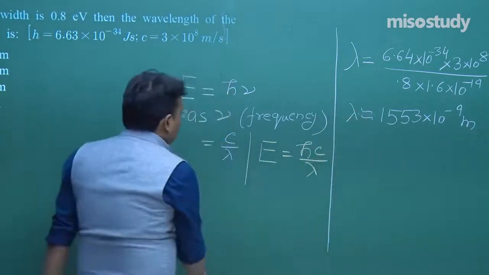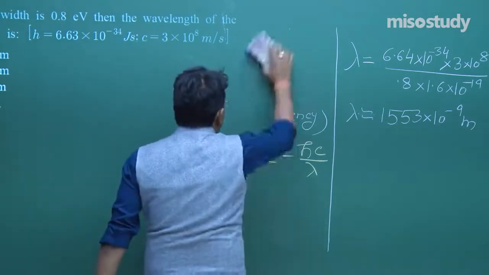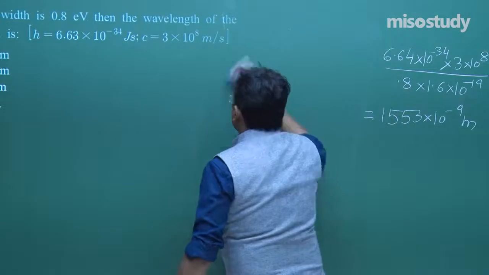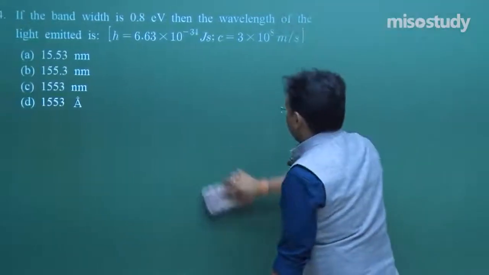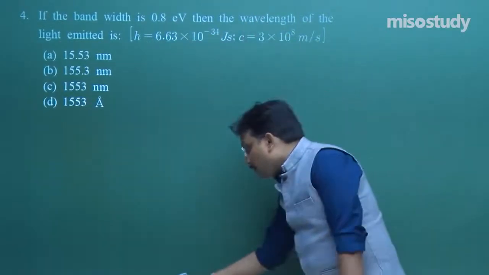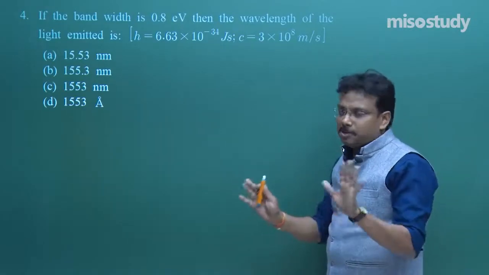So make your calculation fast, otherwise free of cost you will not only lose 4 marks, but you will also get penalized by minus 1 mark, and definitely no one will appreciate this approach. So please make yourself comfortable with your simple calculations.